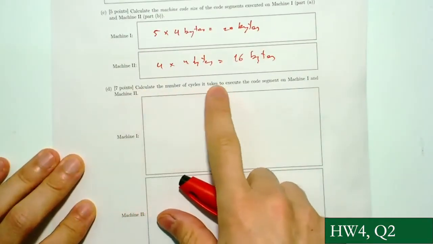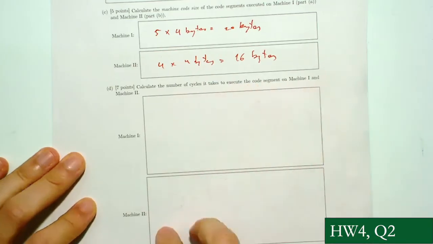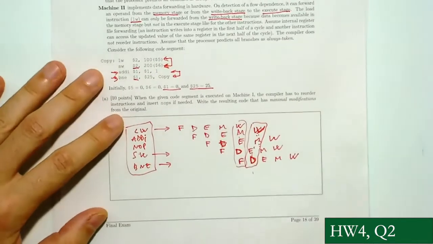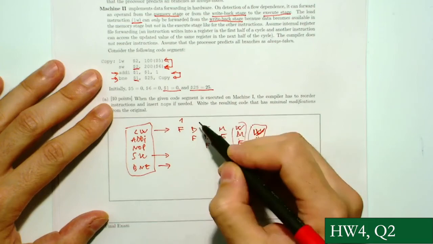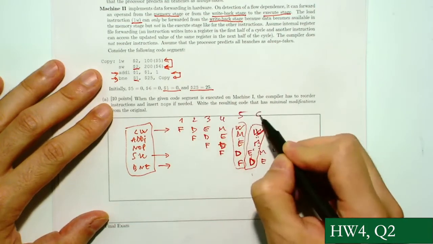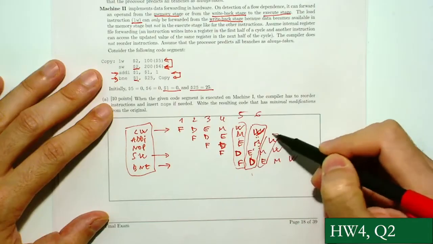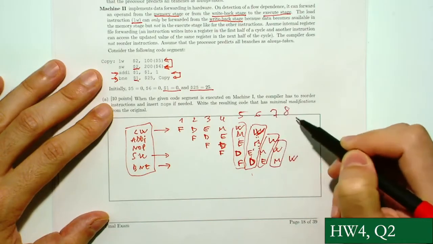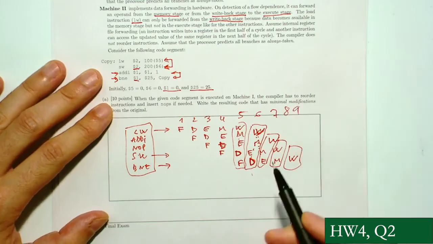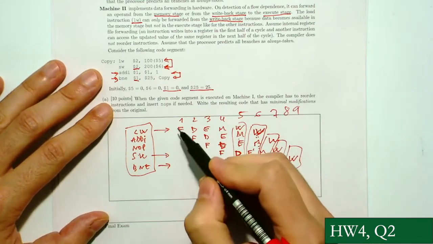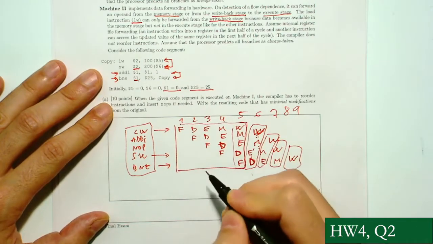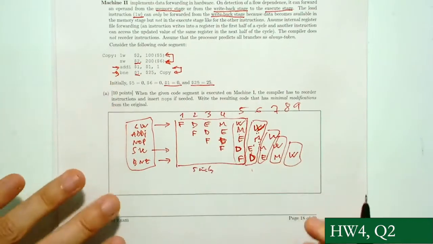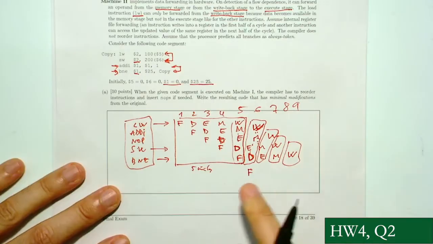So calculate the number of cycles it takes to execute the code segment on machine 1 and machine 2. For machine 1, you already have this diagram here, right? This is cycle 1, cycle 2, cycle 3, 4, 5, 6, 7, 8, 9. So this is one iteration of the loop. In one iteration, you can issue 5 instructions, and the next loop can start immediately after these 5 instructions.